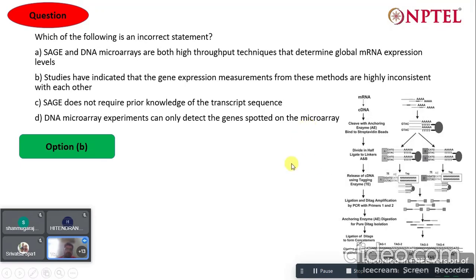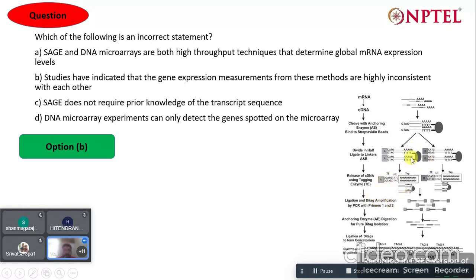In case of SAGE, what we do is we basically isolate the mRNA and reverse transcribe it into a cDNA, followed by which we just have to add the tags on that cDNA. So we add those tags, and those tags basically anchor to the beads. And after that we put a tagging enzyme that basically cleaves that tag and cDNA added on the bead.